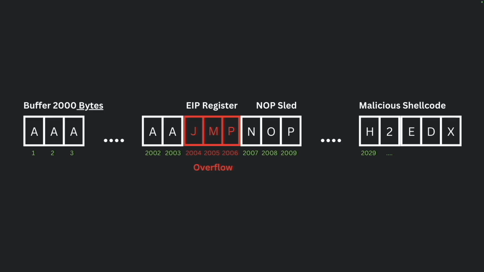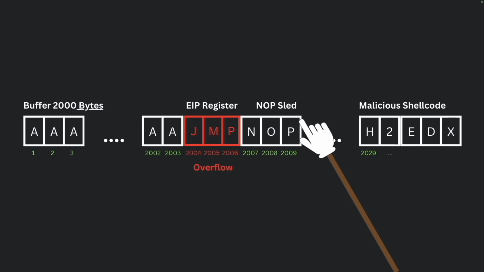Let's visualize what our exploit will do in the program's memory. We know that we have a buffer of 2000 bytes. After sending 2003 bytes to the application, we saw that we are able to access the EIP register. This is where our jump instruction goes. And this is where the overflow starts happening. After that, we continue with a NOPSLED, which, like we discussed before, is basically telling the CPU to do nothing for 20 operations, because we're sending 20 no operation instructions.